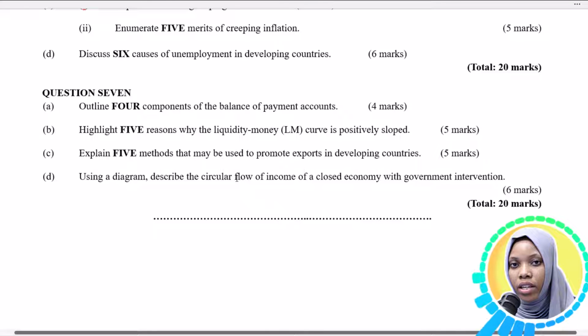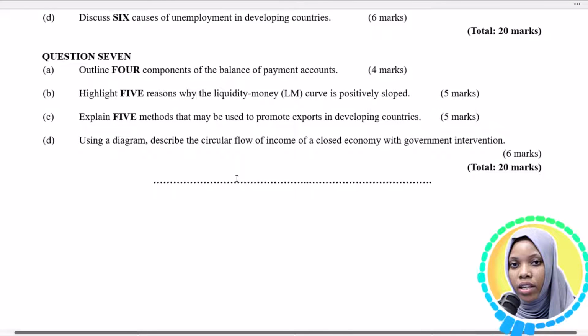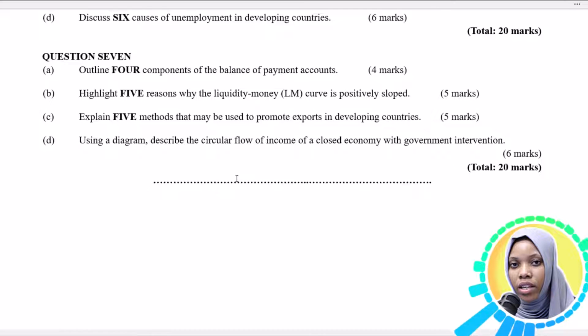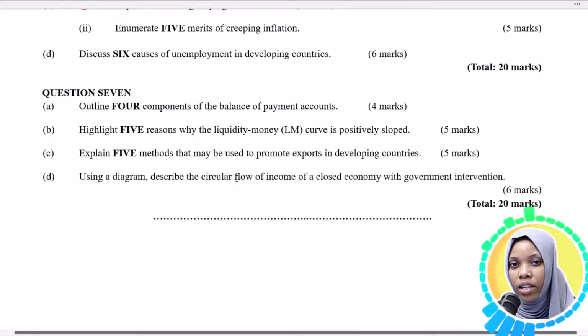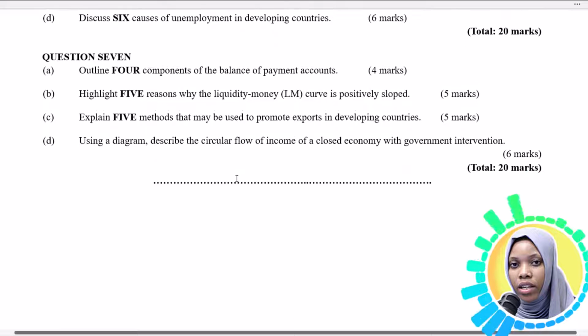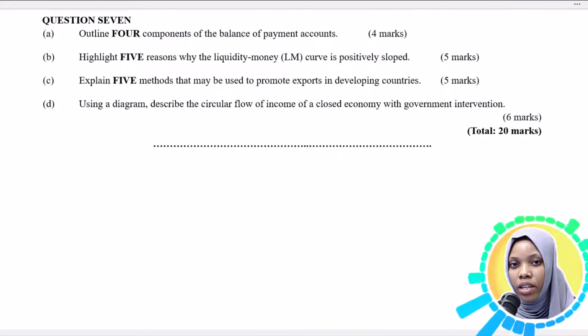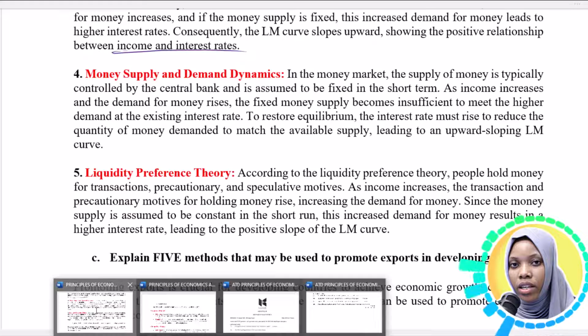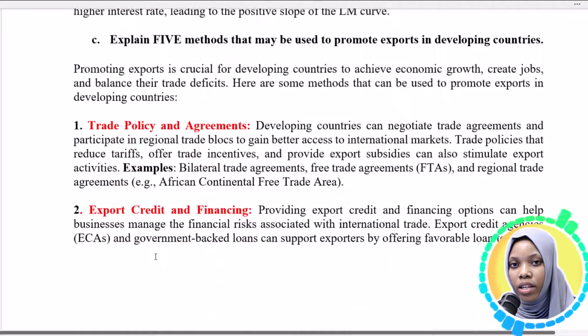Now we go to part C, and it reads, explain 5 methods that may be used to promote exports in developing countries. How are developing countries likely to promote their exports, their businesses to other countries? How? Let's see how.